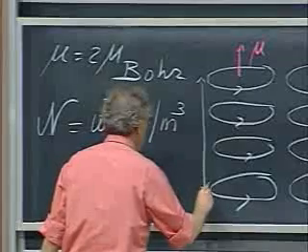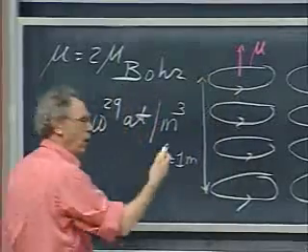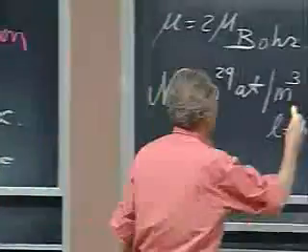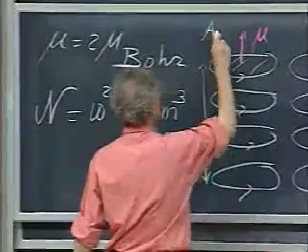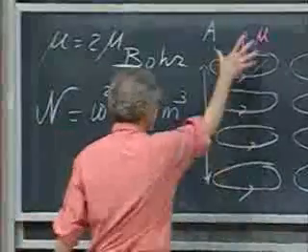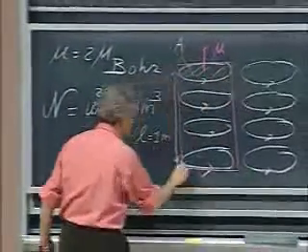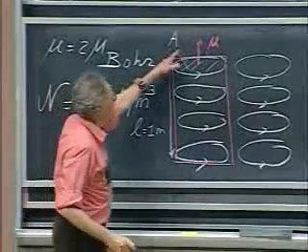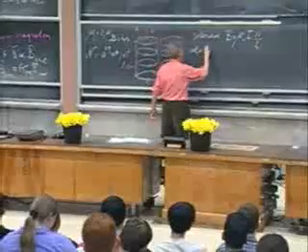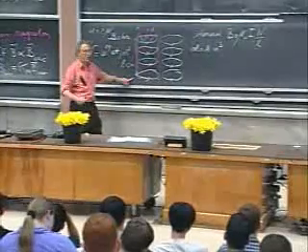I take here a length of 1 meter. So this is a solenoid, and I pick only 1 meter. I could have taken 3 or 5 meters, makes no difference. I take 1 meter. And each one of these loops here has an area A. So we would agree, I hope, that the volume of this solenoid, which has a length of 1 meter, is A square meters times 1, so the volume is A cubic meters.